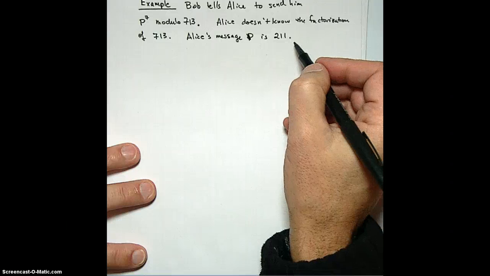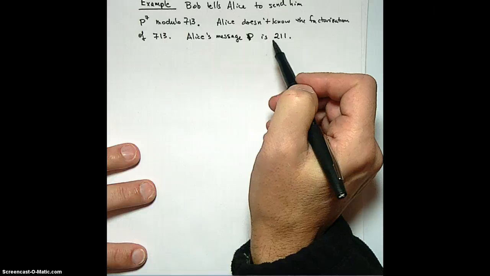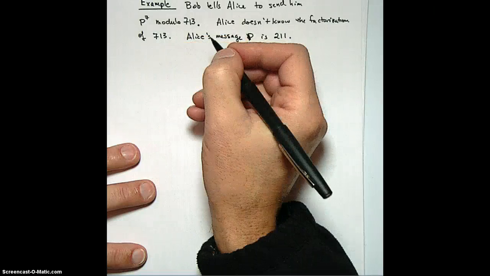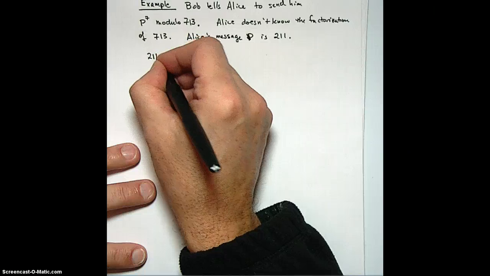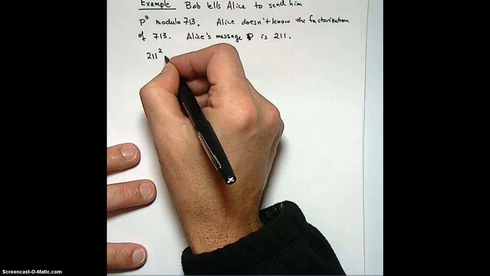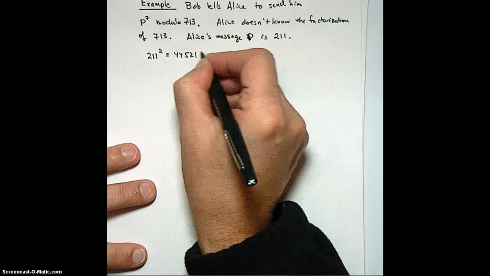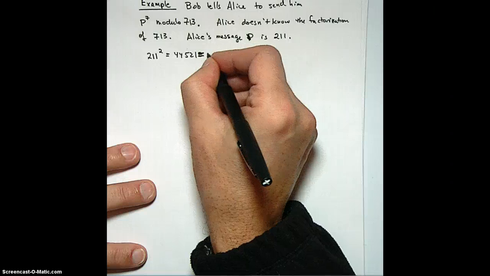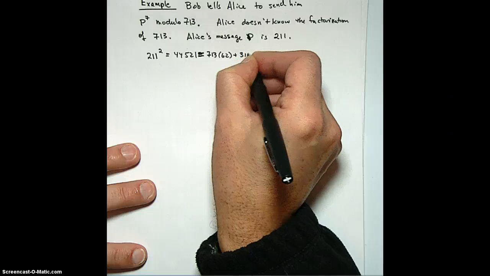Right? So Alice has to compute the least positive residue of 211 raised to the 7th power modulo 713. So she uses this repeated squaring method that you saw examples of in Tuesday's lecture. So we first square it, and this is 44,521. Well, okay, let's just do arithmetic here. It's equal to 713 times 62 plus 315.